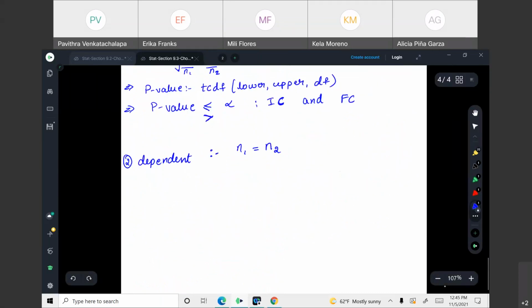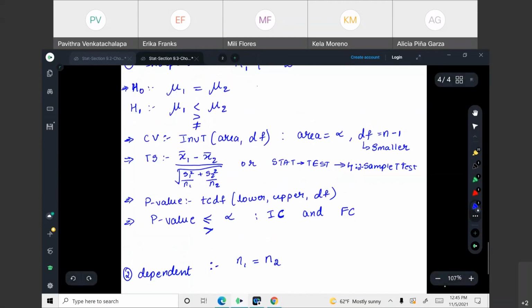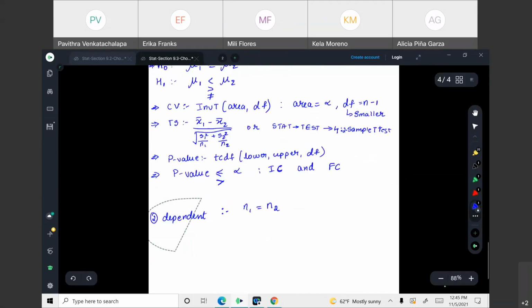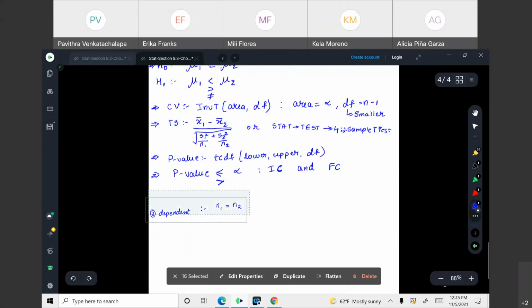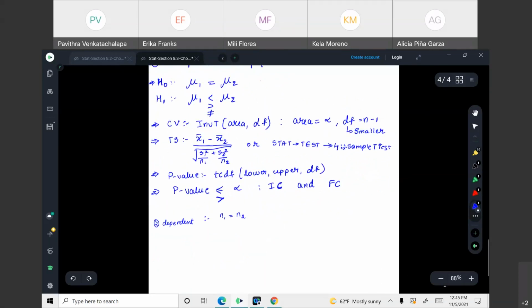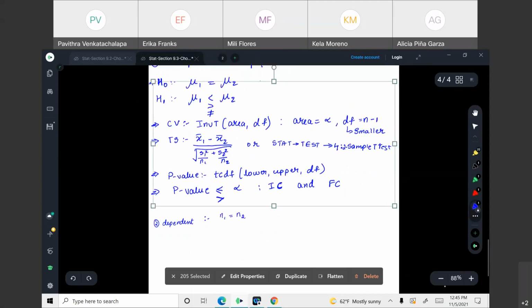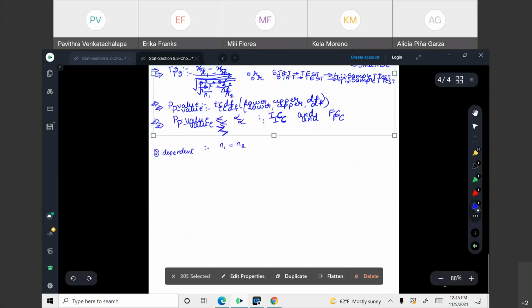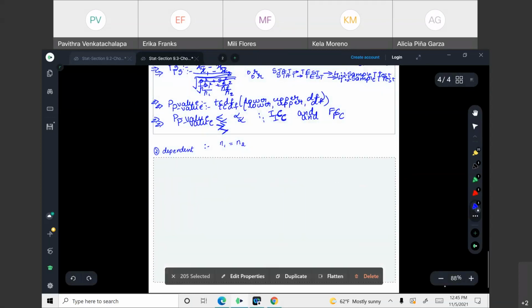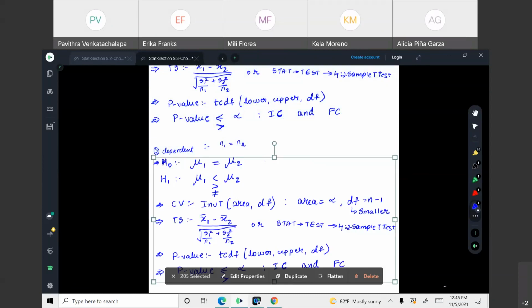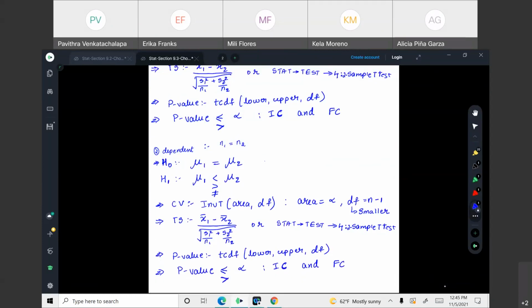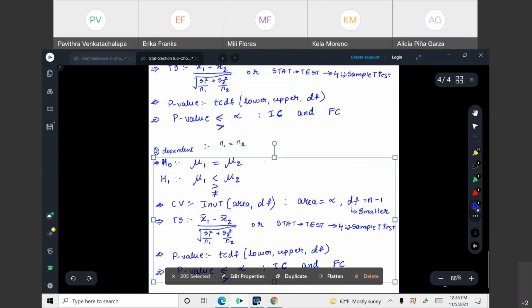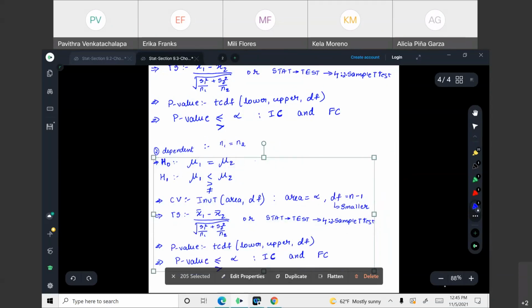Next is dependent. It's the same thing. So I'm just going to copy the whole thing here. Okay.